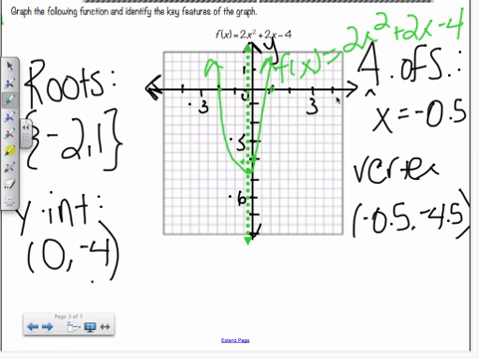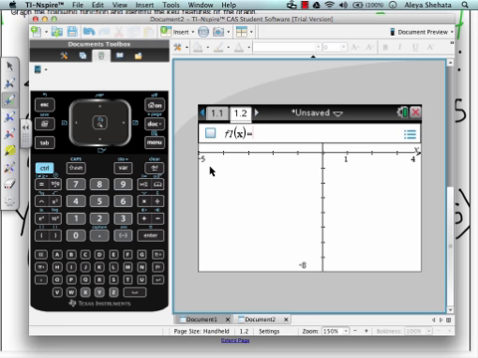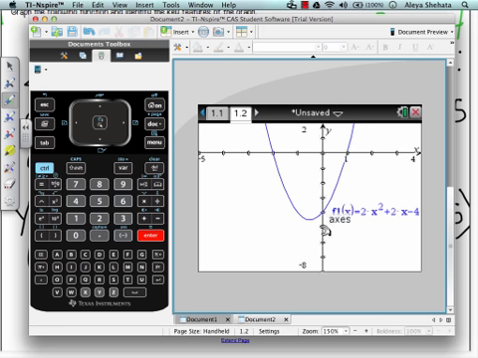We'll go up by ones, and then on my y scale it went from -8 to about 2, so we'll go from -8 to 2, and we'll go up by ones. So my scale is good now, my window is good, and then I'll type in the graph, 2x squared plus 2x minus 4, and there's my graph right there. So it looks pretty on par with what we want right here.